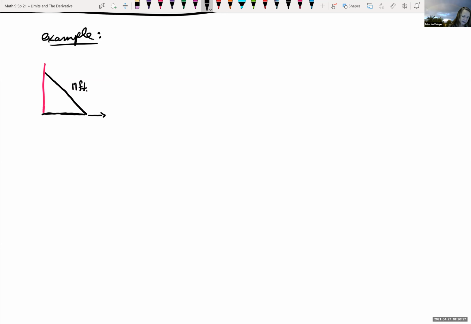So maybe let's let this be the length. So x equals the base, or we can say that's the same thing as the distance between the foot of the ladder and the building.